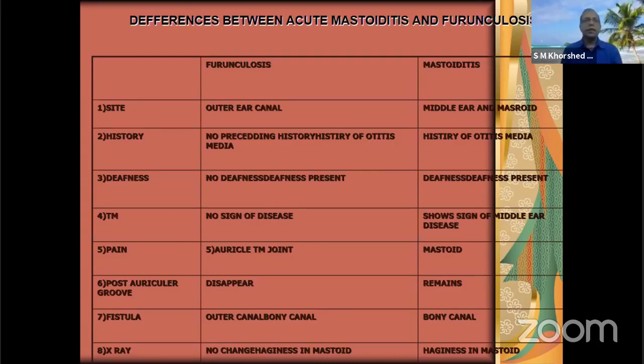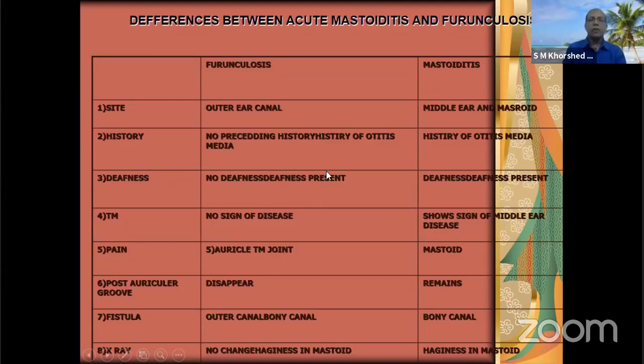Here you see the furunculosis is due to the outer part of the ear canal. Mastoiditis is a disease of the middle ear and mastoid system, and there is no preceding history of any ear disease in furunculosis, but there is a history of otitis media in mastoiditis.